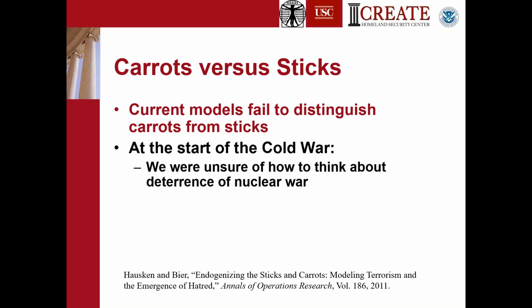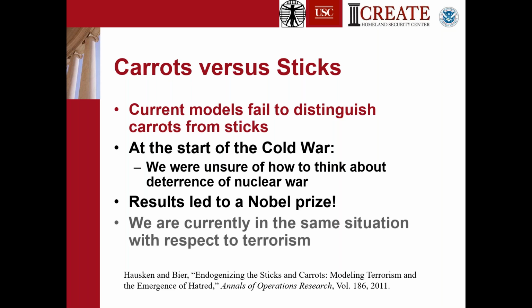At the start of the Cold War, we were really unsure how to think about nuclear deterrence. The resulting game theoretic model of mutual assured deterrence led to a Nobel Prize. And I think in many ways we are at a similar stage now to where we were at the start of the Cold War, where we really don't have good models for terrorism and counterterrorism, the same way we used to not have good models for nuclear deterrence.